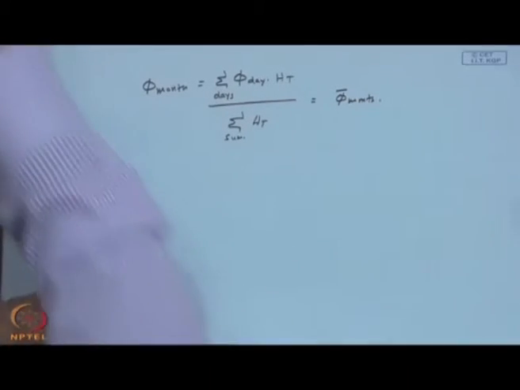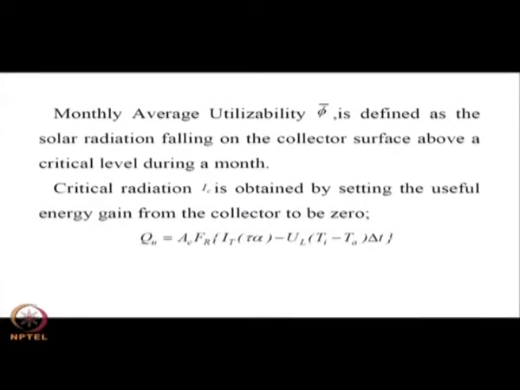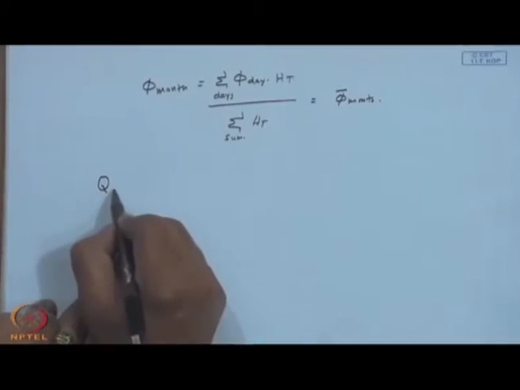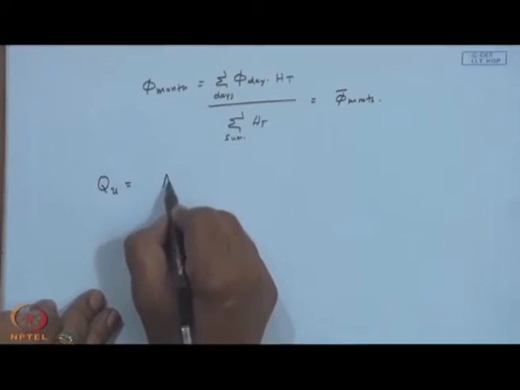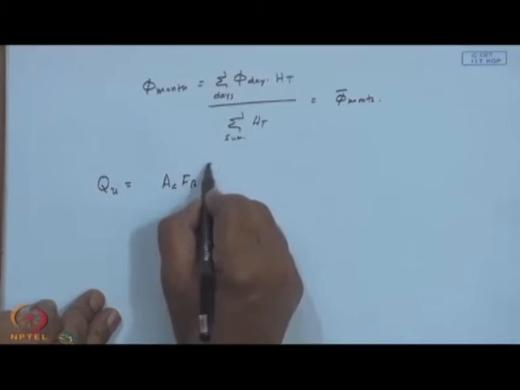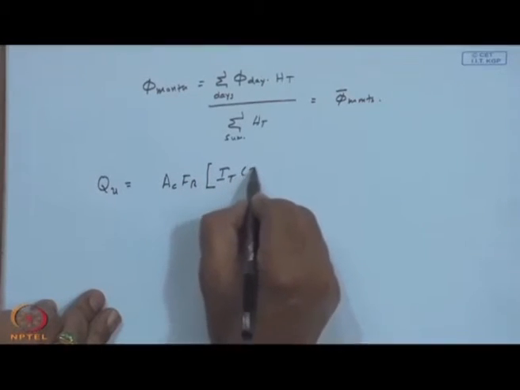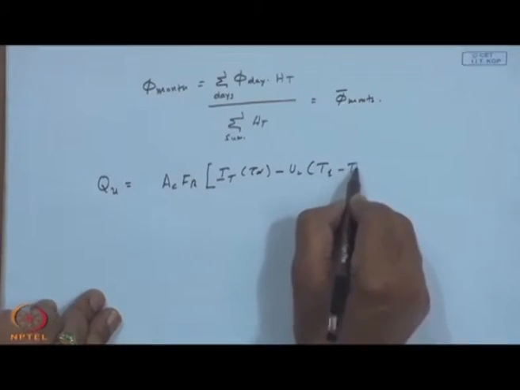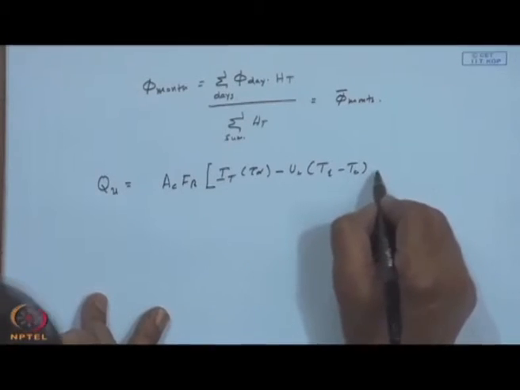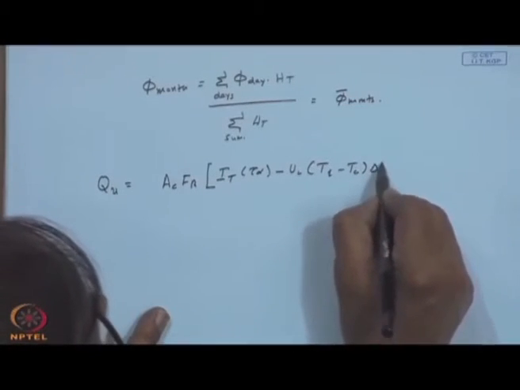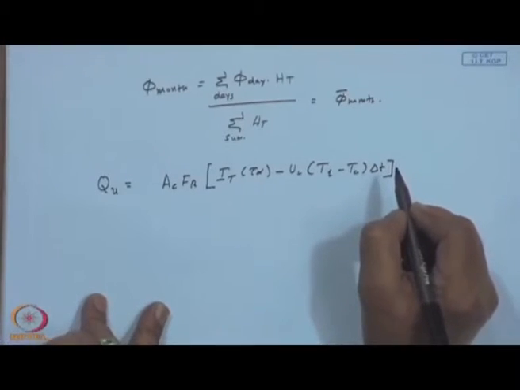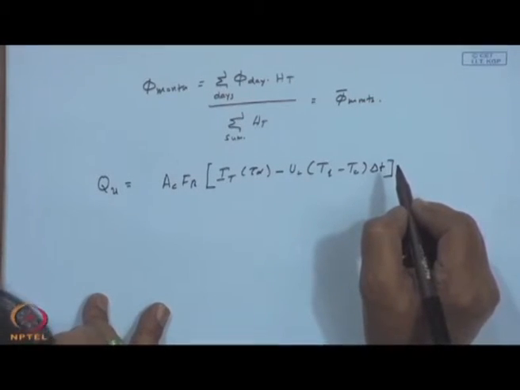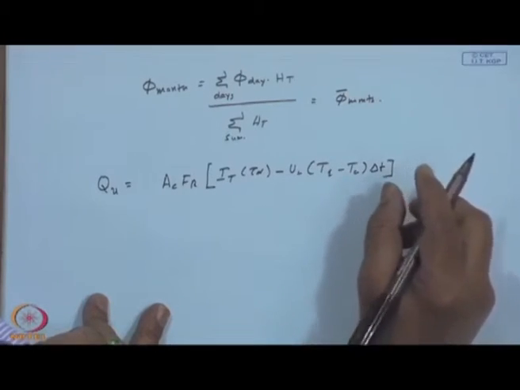So, let us go a little bit into the critical level. My useful energy gain equation is Qu equals Ac Fr times [It tau alpha minus UL into (Ti minus Ta)]. For the sake of completeness and clarity, here I shall use the time factor delta t. Otherwise, you may not be able to calculate the critical level over a period of 1 hour, integrated, compared to the intensity at an instant.